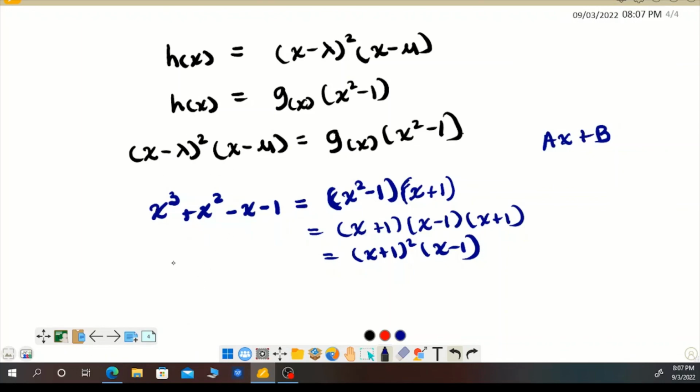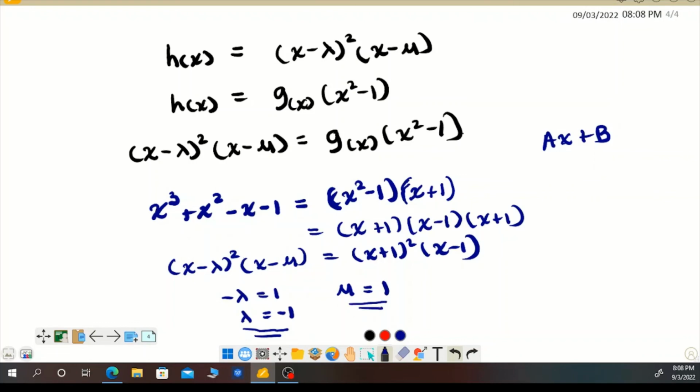So I can compare this to x minus lambda squared, x minus mu. If we compare these two, I can say that minus lambda equals 1, which means lambda equals minus 1. Mu equals plus 1. So like this, I can show that we can write hx in the given form.